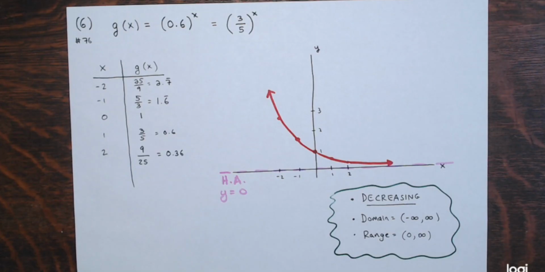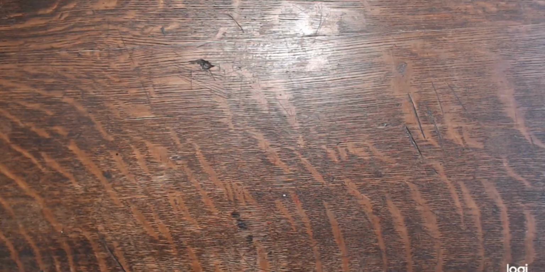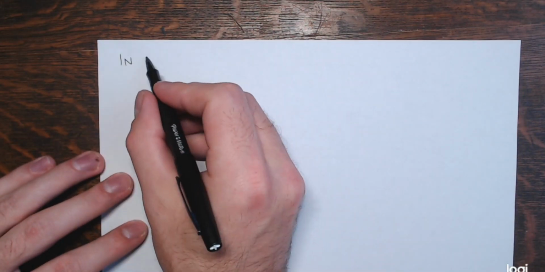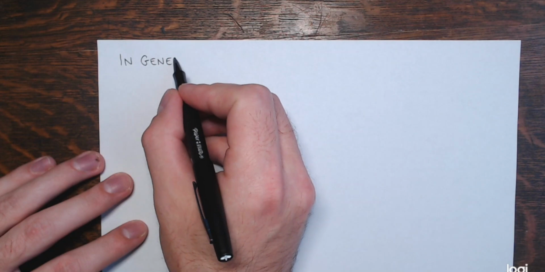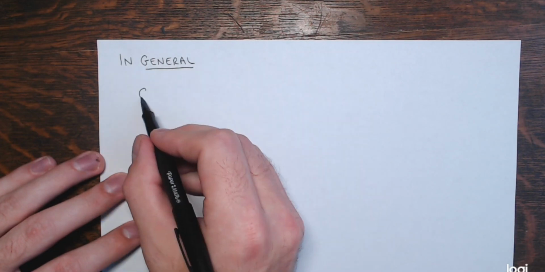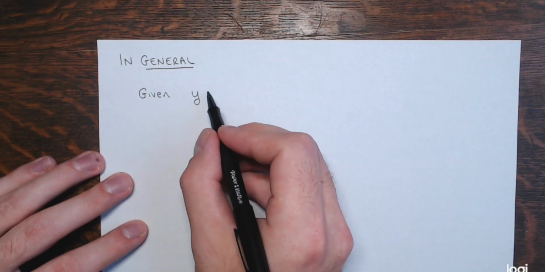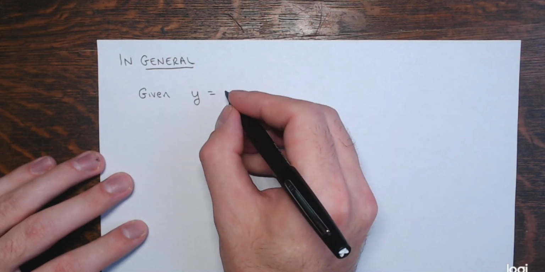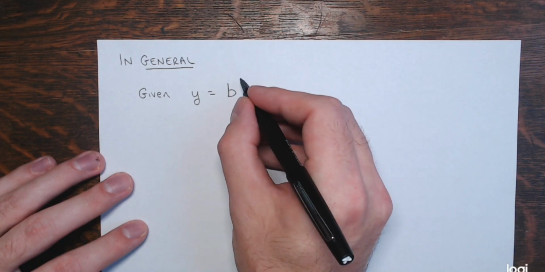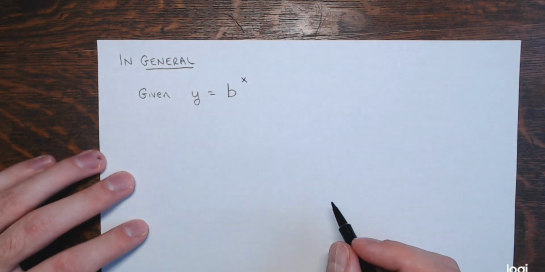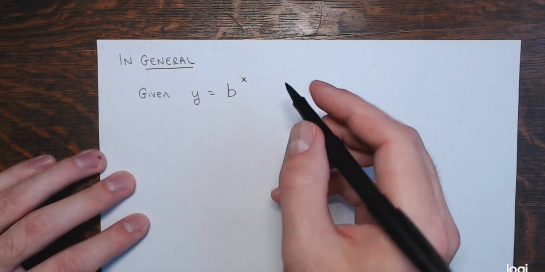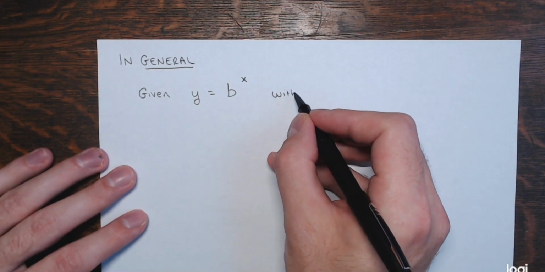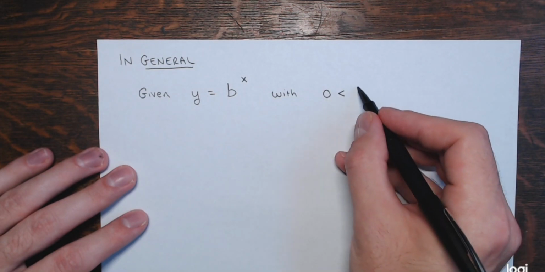Okay, so after seeing examples 4, 5, and 6, we can make the following generalization. So in general, again, given y equals, or f of x equals, or g of x equals, just some number to the x power, the x power only, a basic exponential function with the base between 0 and 1.